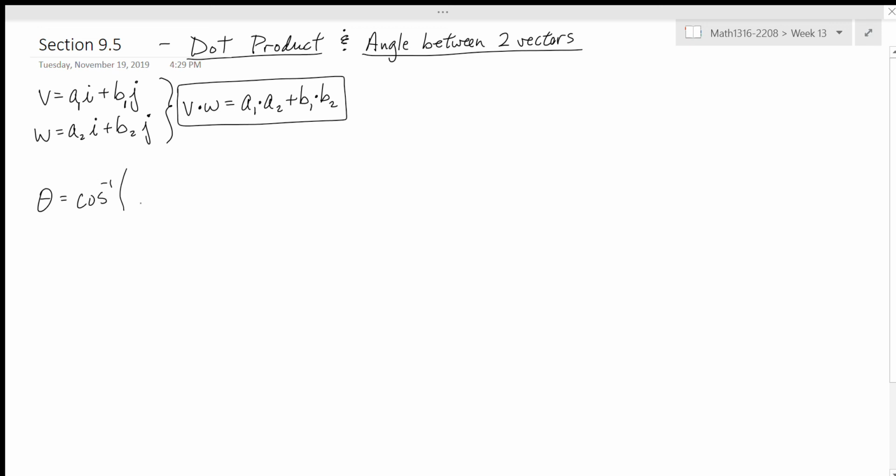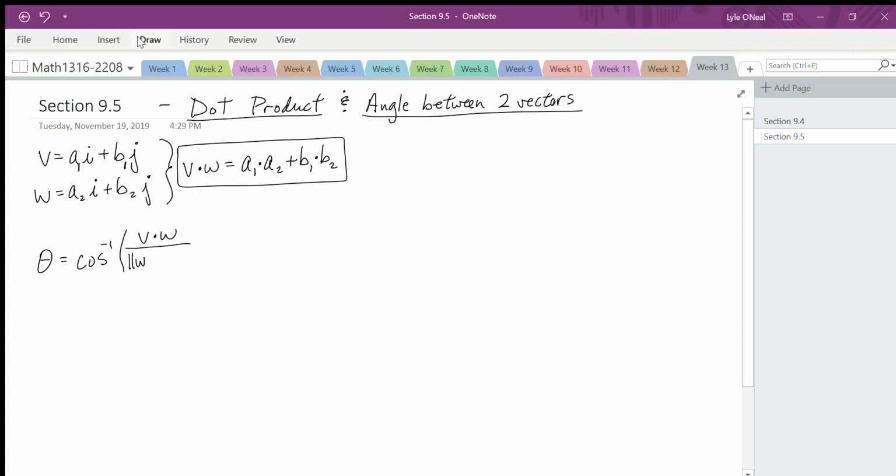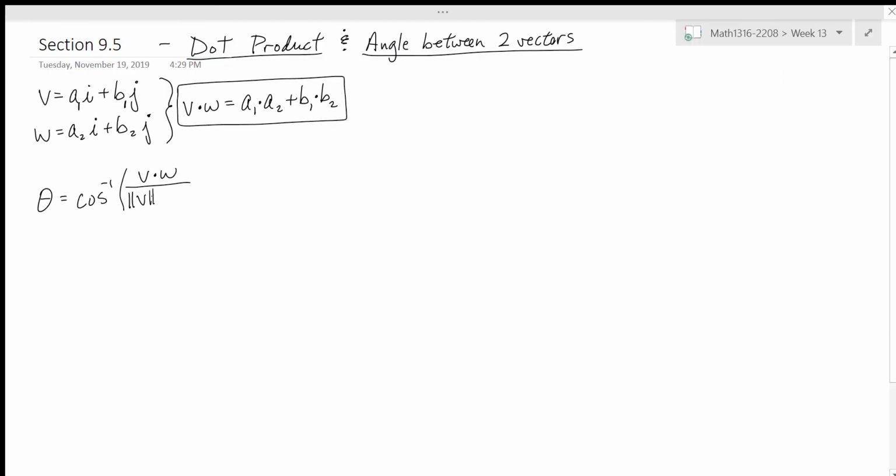It is the inverse cosine of the dot product divided by the magnitudes multiplied. And that is the angle between two vectors.